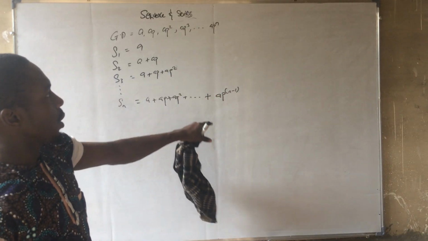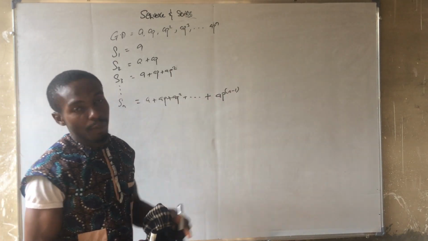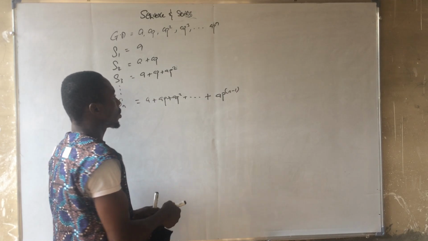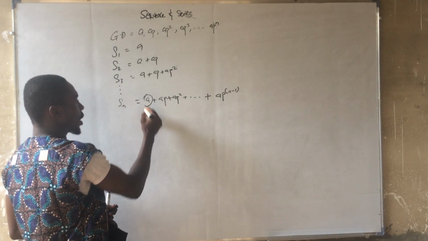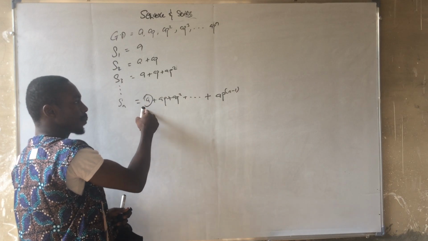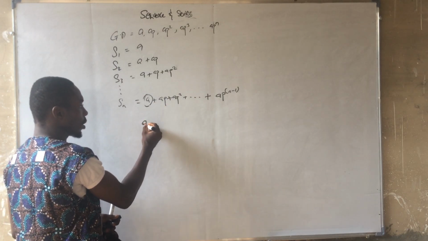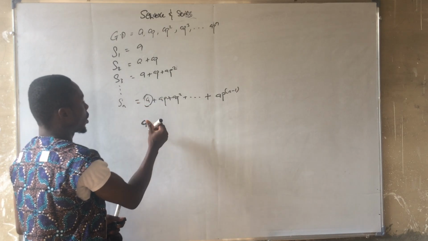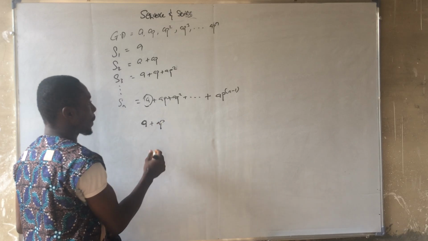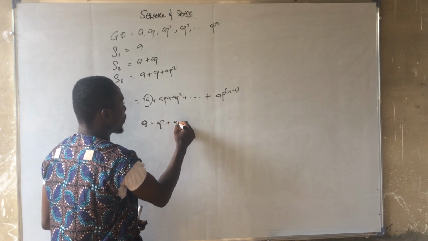Now you might ask why I didn't stop at AP raised to n. Remember, for us to get this term, A is behind this one, so we multiply A by P to get AP. We multiply this one by P to get AP squared.